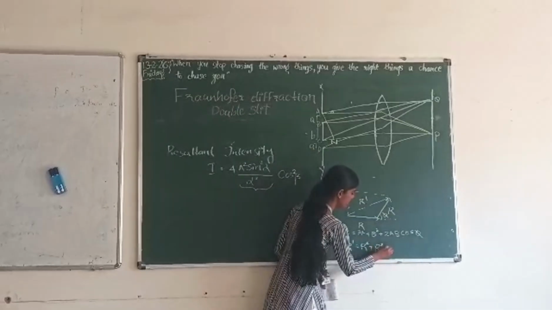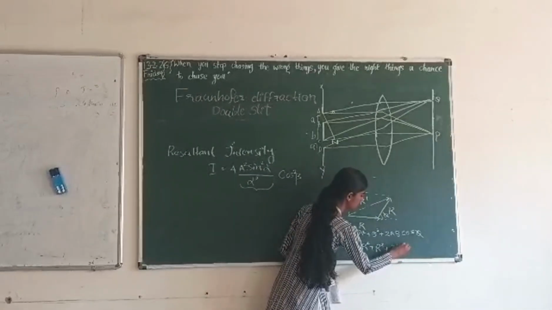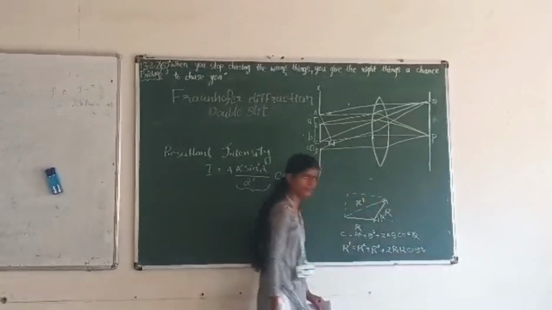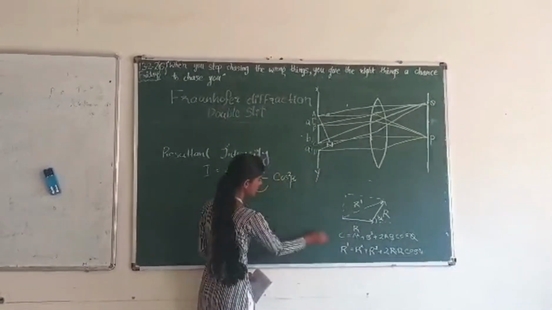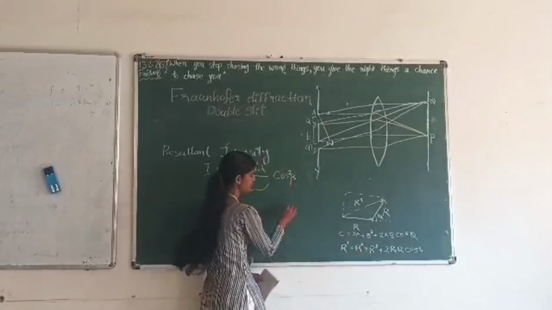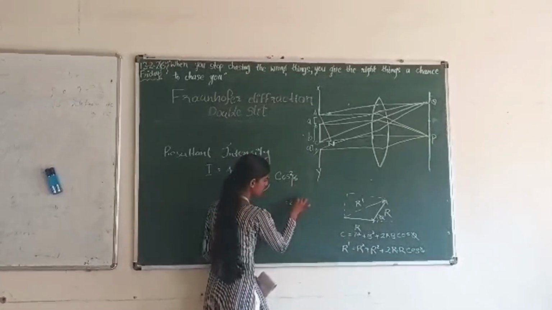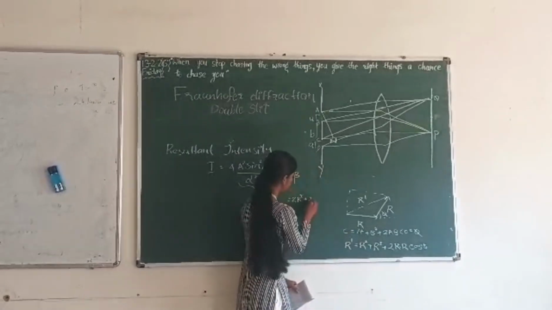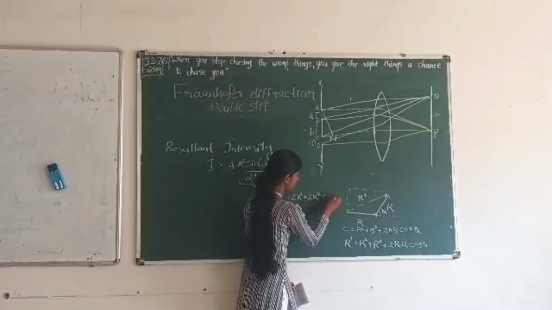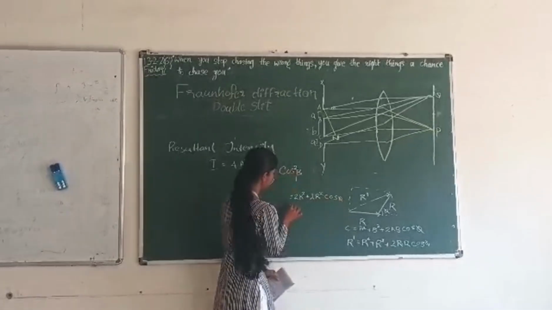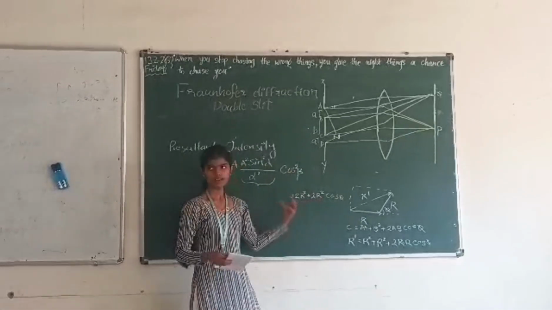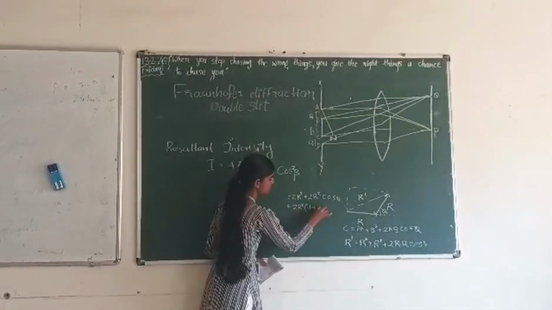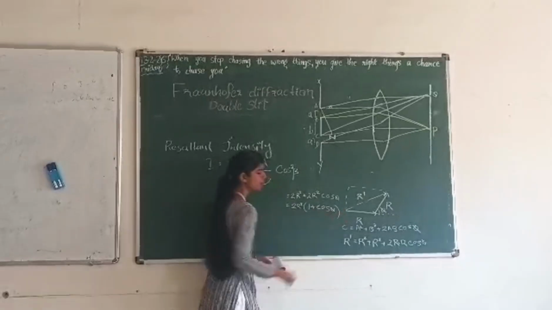So R square plus R square plus 2 R into R cos phi, which is 2 R square plus 2 R square cos phi. We can take 2 R square out: 2 R square into 1 plus cos phi.